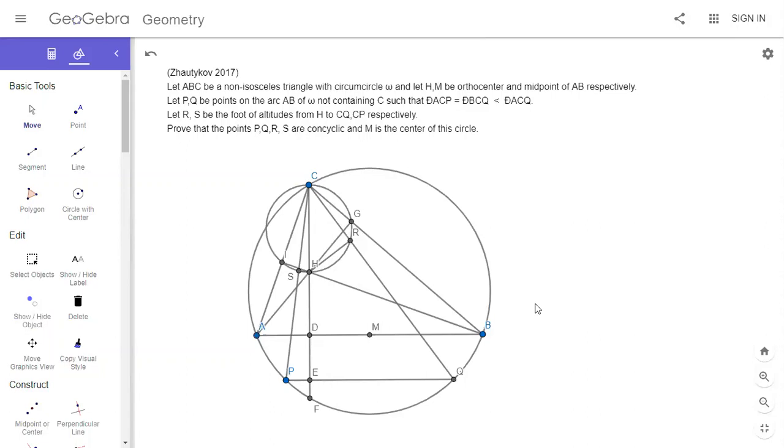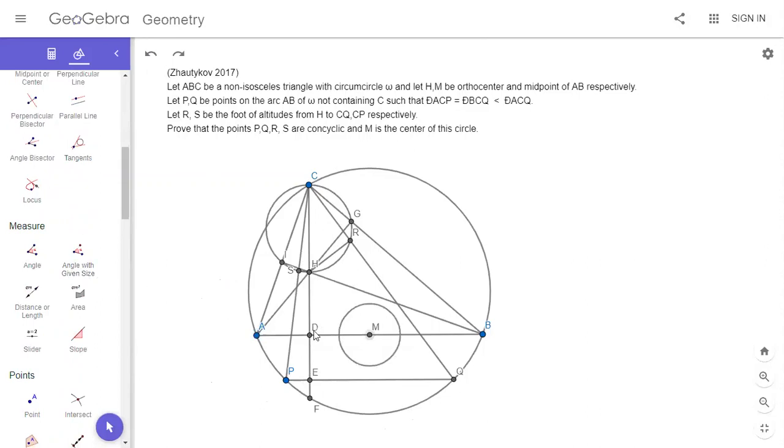So we want to show M is the center of that circle. And of course, we know M is the center of AIGB, right? From an angle chase.